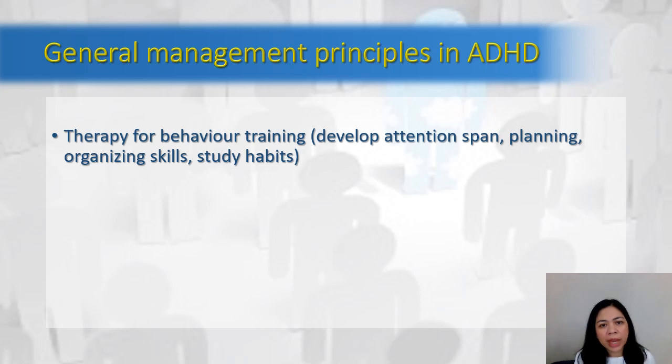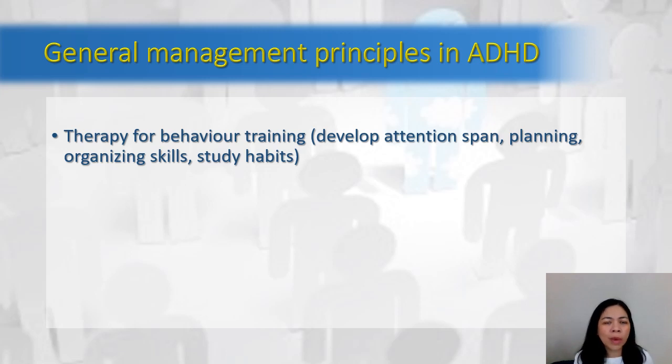What are the general management principles in ADHD? We also do therapy, especially in early childhood or the preschool years, for behavior training to develop their attention span, planning, organizing skills, and study habits.